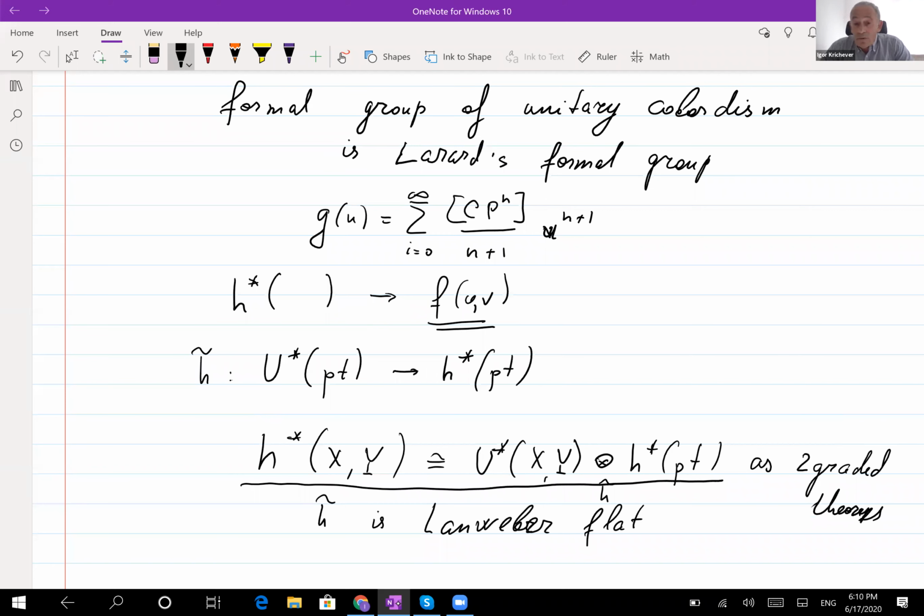So you recover your theory by taking the tensor product of the theory of unitary cobordism with the coefficients, and all you need in this definition is just the homomorphism defined by the formula. For example, K-theory, elliptic cohomology are Landweber flat. Any questions?